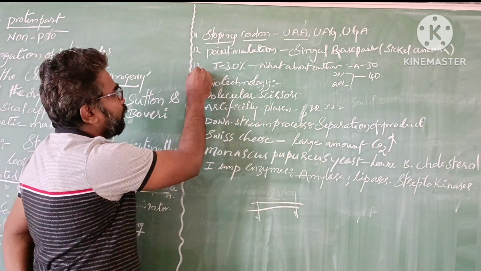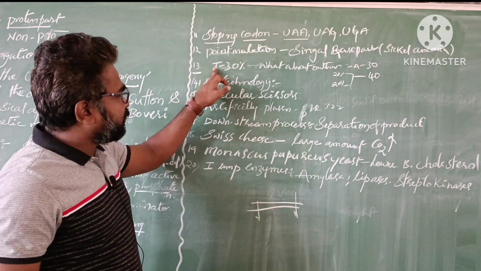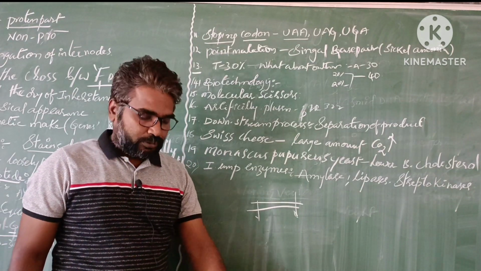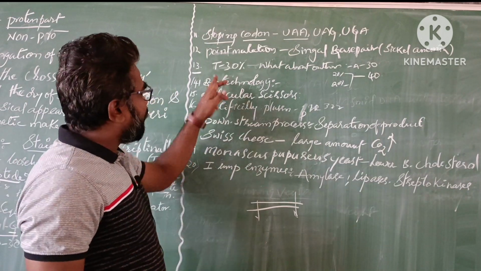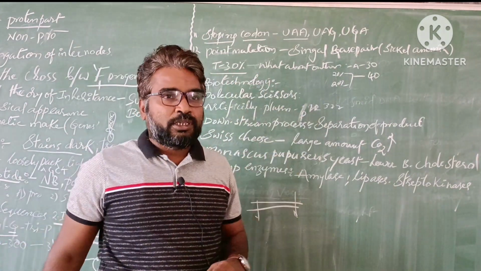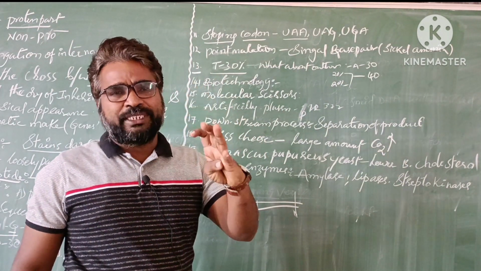He may ask like this. In the DNA, thymine is present at 30%. What about the others? Whenever you think of DNA, the major nitrogen bases are how many?